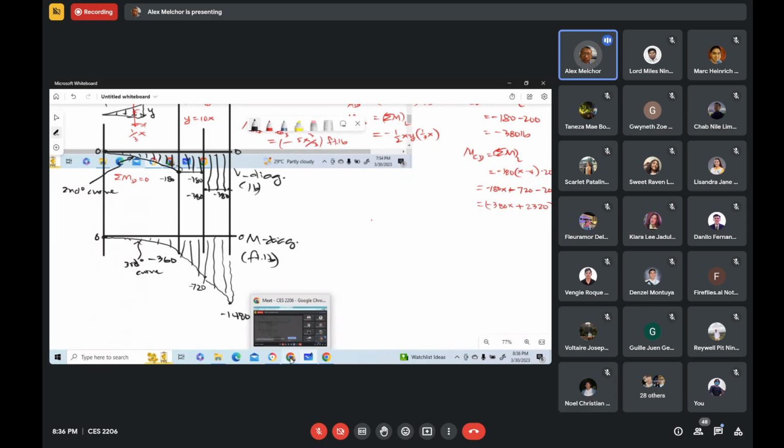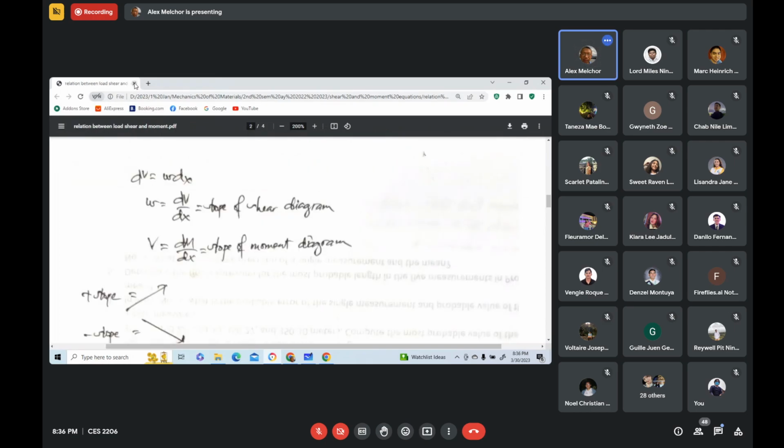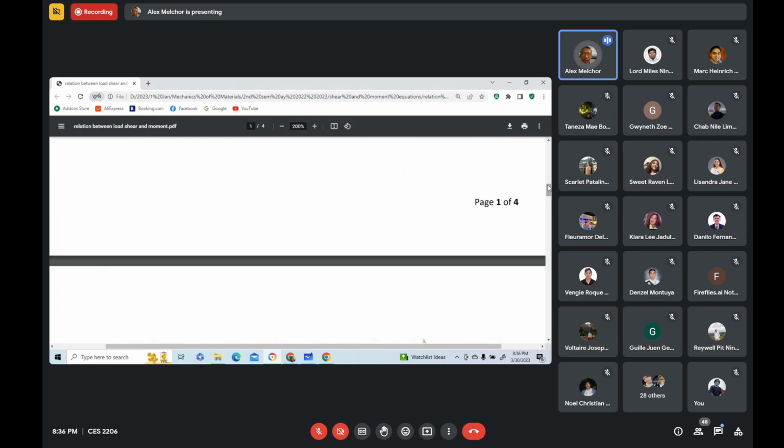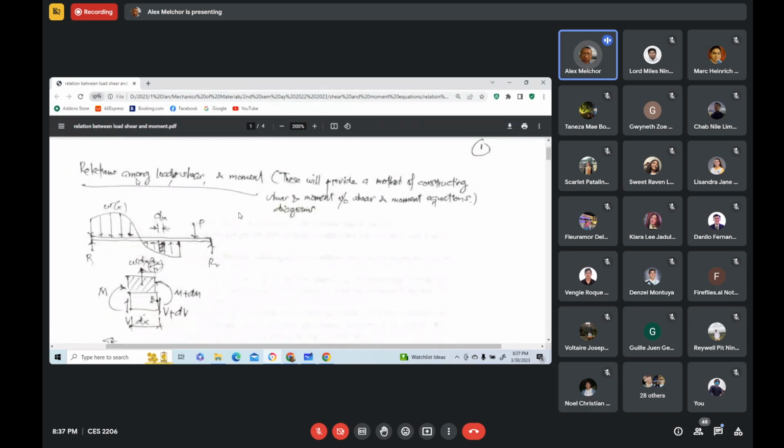So, going back to this, I'm going to close this. We have now this one. So this is about the relations among load, shear, and moment. So this will provide a method of constructing shear and moment diagrams without writing the shear and moment equations.